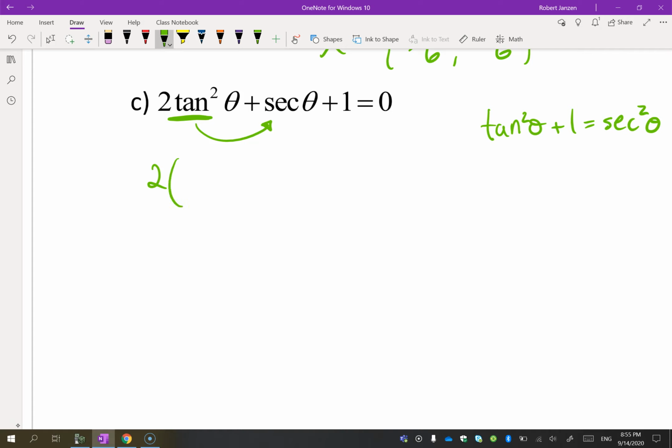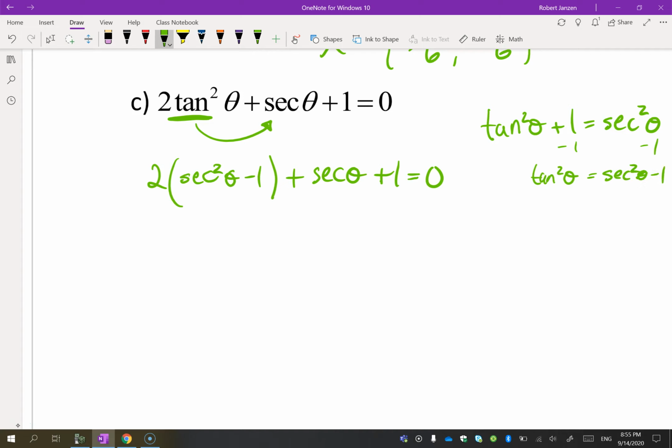So I can write 2 times secant squared minus 1 plus secant plus 1 equals 0. Did you see what I had to do there? I had to take this 1 to the other side to get tan by itself. So I get 2 secant squared minus 2 plus secant plus 1 is 0.